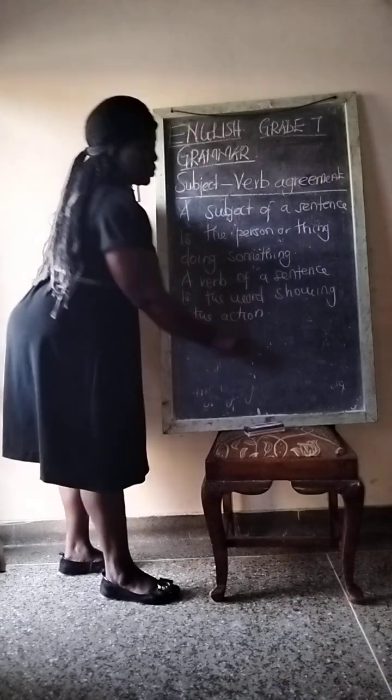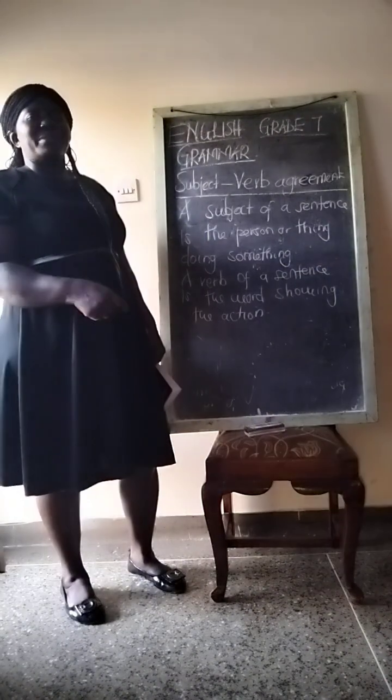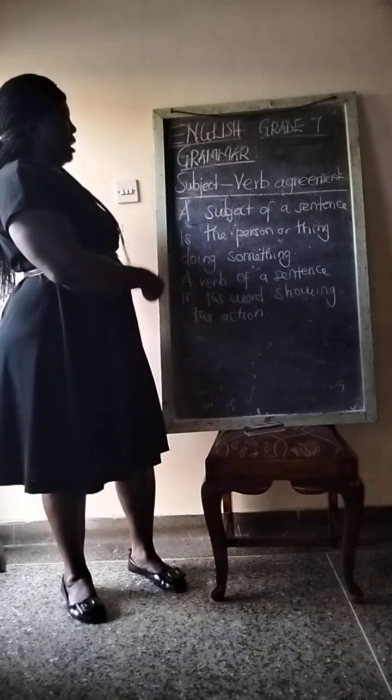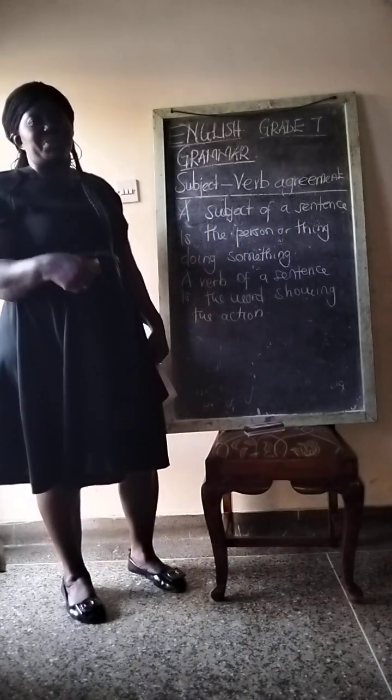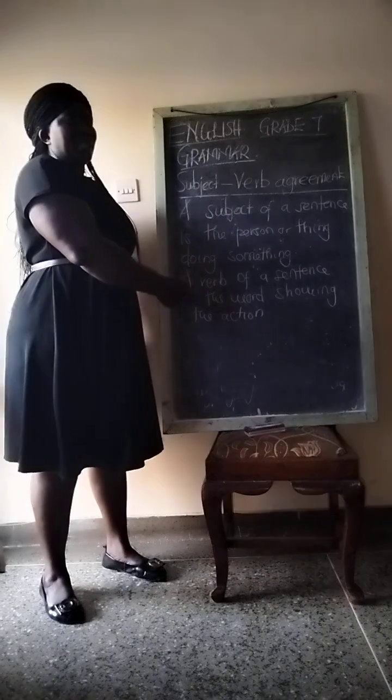The word that shows the action. We always say a verb is a doing word, a verb is an action word, and a subject is the doer of the action in a sentence. They are just the same as what we've written here.